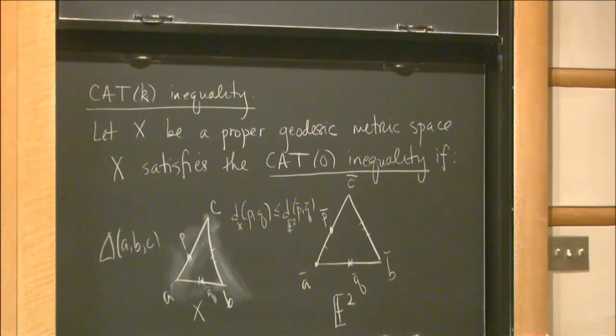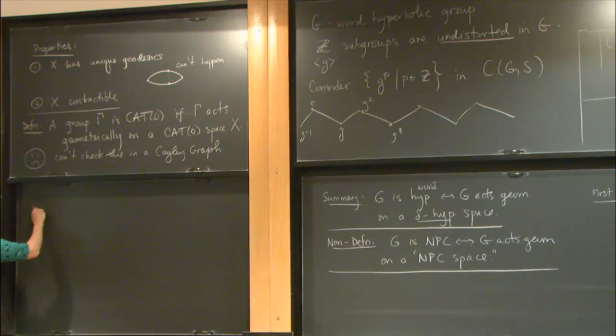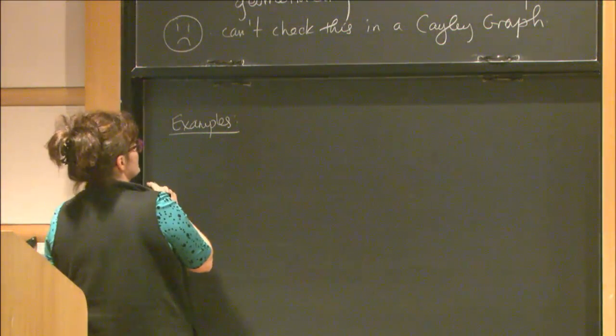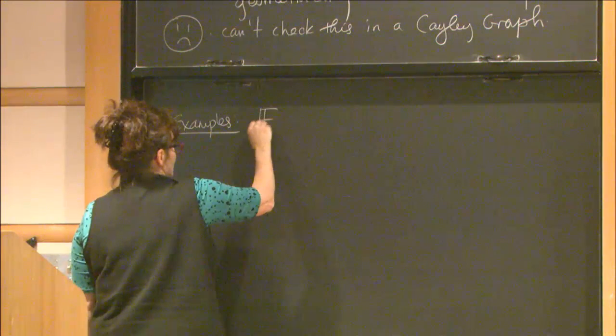All right. Okay, so I want to switch again to semi-hyperbolic, but before I do, I'll just say some examples of cat zero. We're going to be talking about cat zero groups for the next 2 days, okay? But let me give you some examples, and then we're going to see what semi-hyperbolic means. So the examples are obvious ones, like Euclidean space, right?